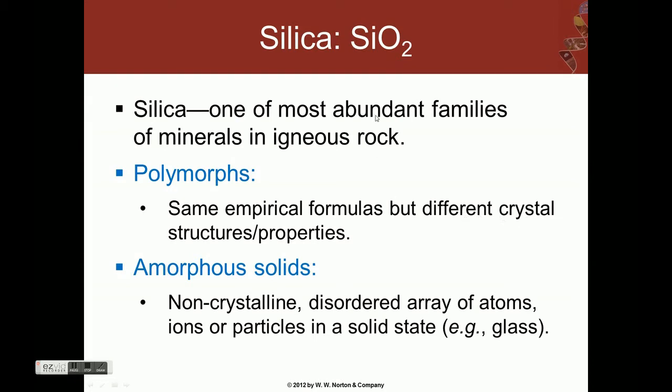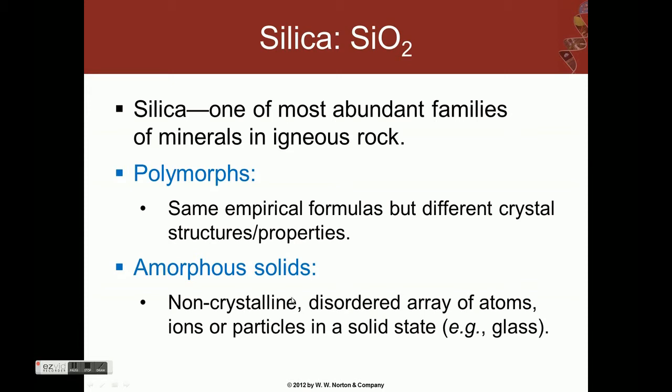Silica, SiO2, is a covalent network solid. Just like we saw with carbon, we have all the atoms bonded together. The silicon atoms are bonded each to 4 oxygen atoms, and those are connected to other silicon atoms, and so on and so on. Some of those solids are crystalline, but some of them are non-crystalline, which means they don't have long-range order.